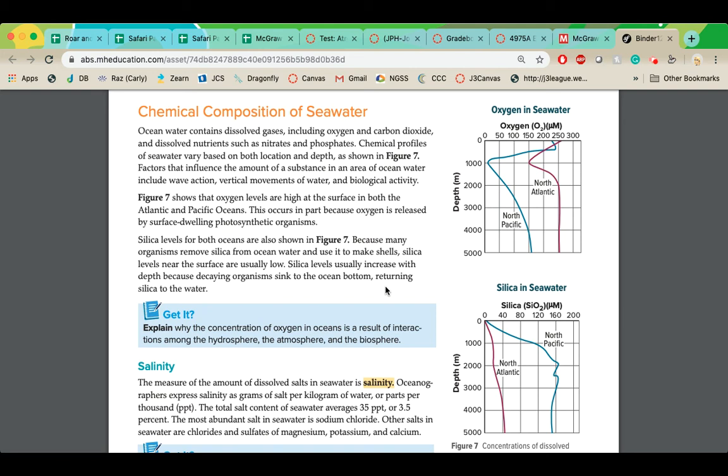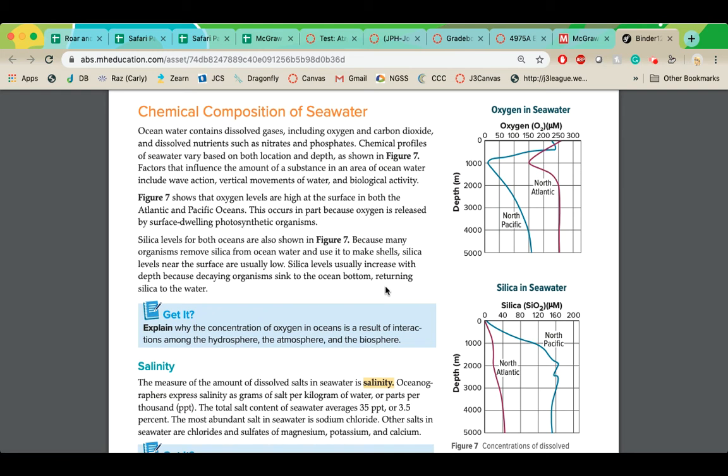So, what is in seawater? The chemical makeup or composition of seawater is not exactly the same everywhere. If you measure different aspects of seawater, it's not going to have the same composition everywhere you go. Three things that affect the chemical composition of seawater are wave action, vertical movements of water, and biological activity.